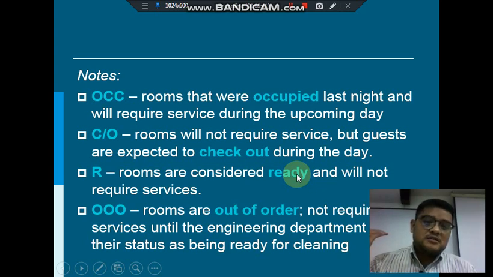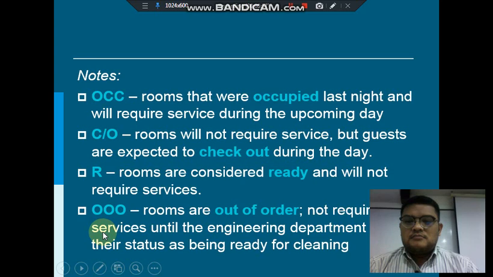So the night duty housekeeping staff have cleaned the room and the room is ready for today's sales or today's check-in. And some rooms will be coded with the status OOO.